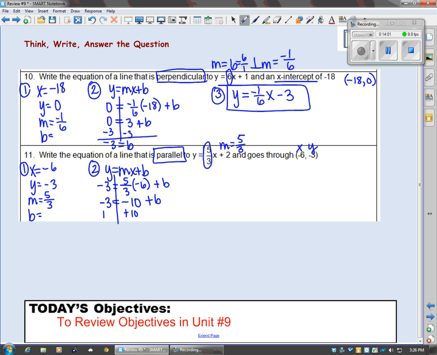Add 10, and you get that b is 7. Letter, number, letter, number. The letter for y, the number for m, 5/3. The letter for x, the number for b, which is 7 in this case. Okay, so again, pay attention to those words, perpendicular or parallel.